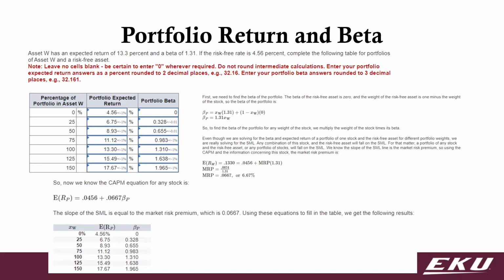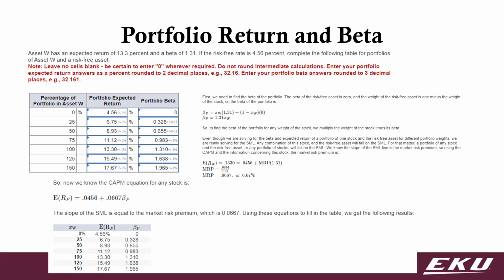Well, we were given our beta, we were given our return, and we were given our risk-free rate. And so by using that, we're able to calculate what the market risk premium is. And then using that, we can calculate what the expected return is for any value of the weights.